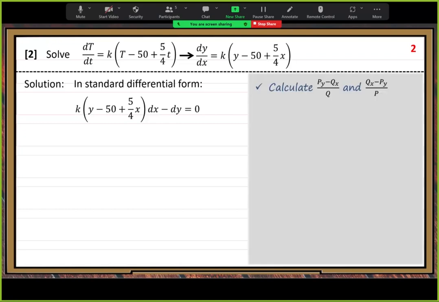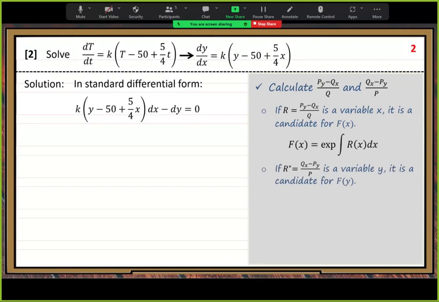Calculate these 2 fractions. If r, the first fraction, is a variable of x, then we can calculate the integrating factor f of x using this formula, right?